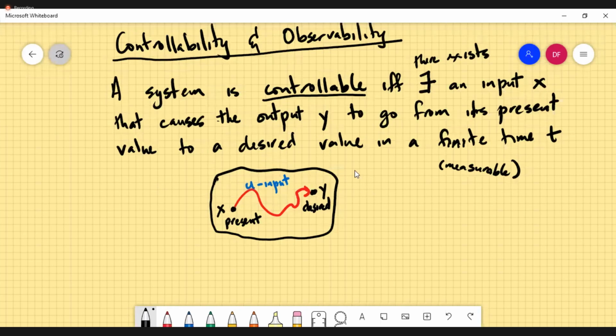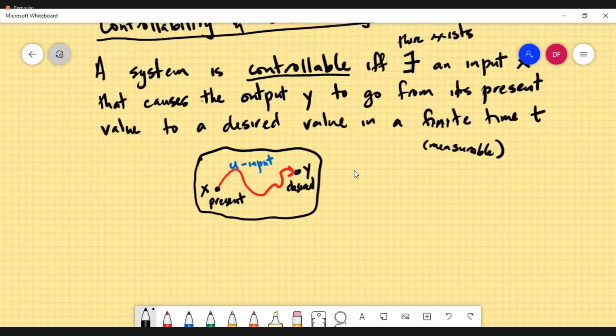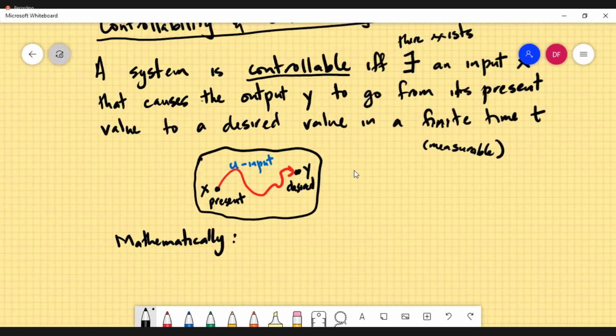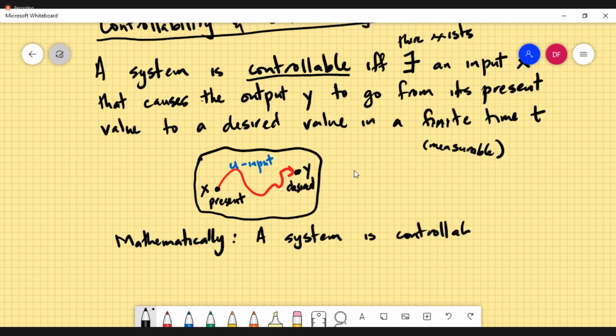So mathematically, if we know the parameters of the system, the system matrix and all those types of things, we can determine mathematically if a system is controllable.